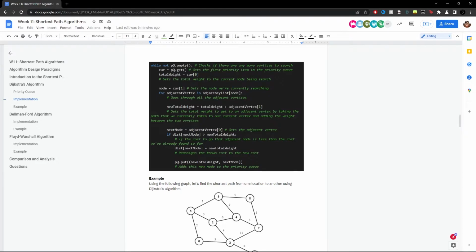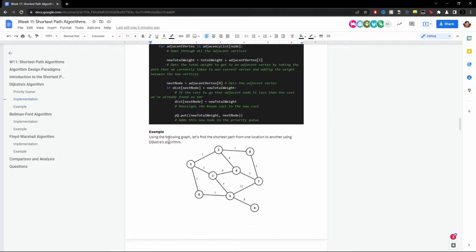So if this path is going to be shorter than what we currently know of, then we can change the distance to that future location to the new total weight, and then we add this path into the priority queue. And we reassign the new cost, since that's now the cheapest cost, and nothing can trump that cost, I guess.